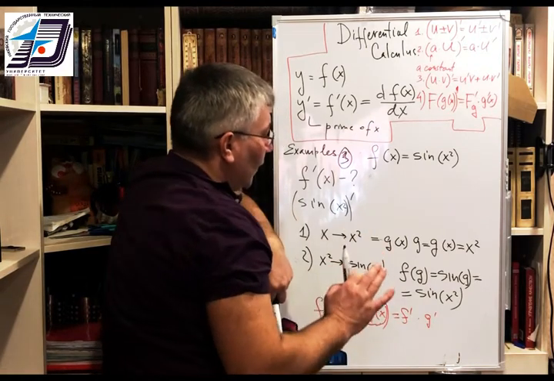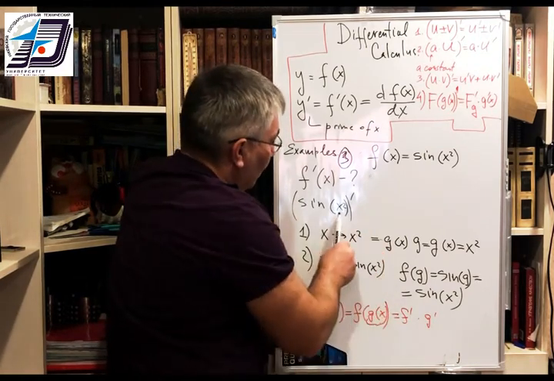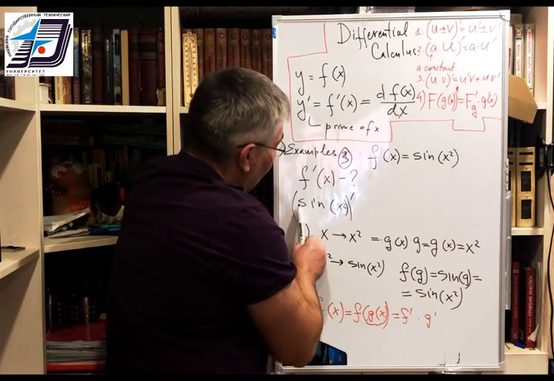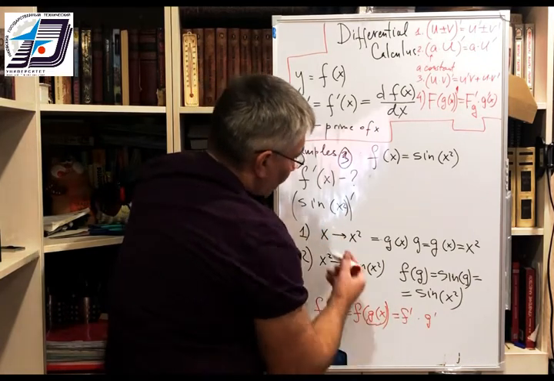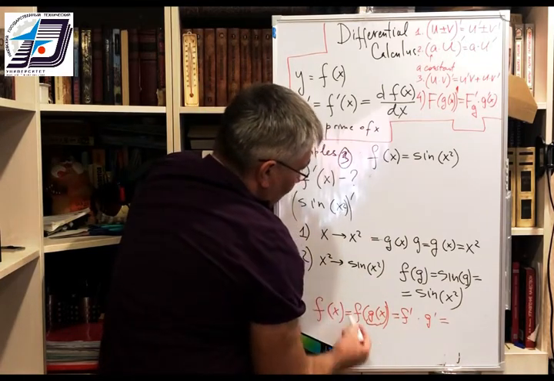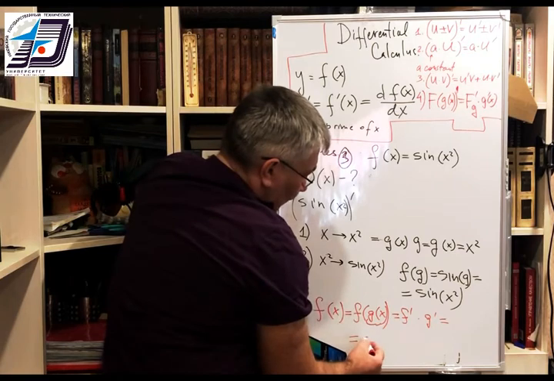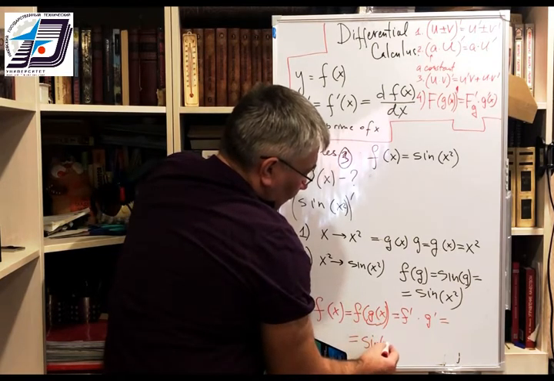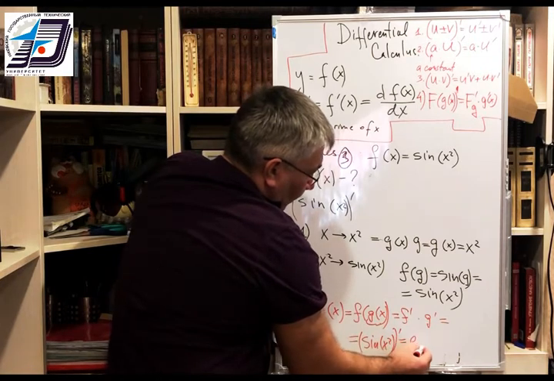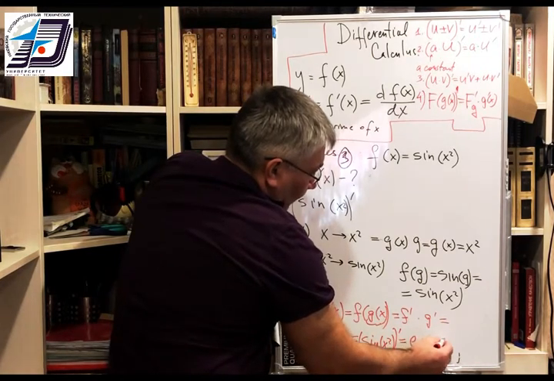So you have to forget for a while that you have x squared here, and put instead of f prime of x the derivative of the sine, and you have to leave this argument here, and the derivative of the sine gives you cosine x squared.